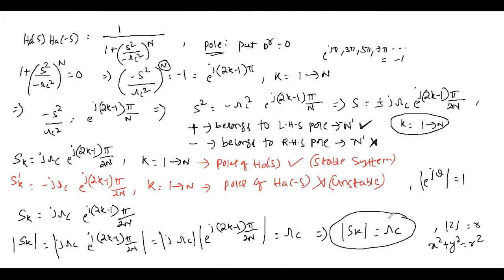This is a circle. So what to understand? My point is, when you plot all the poles of the Butterworth filter, what will you get? You will get a circle. Yes or not? Since you got the magnitude of sk equals omega c, obviously if you plot all the poles of the Butterworth filter, you will get a circle with center at origin.